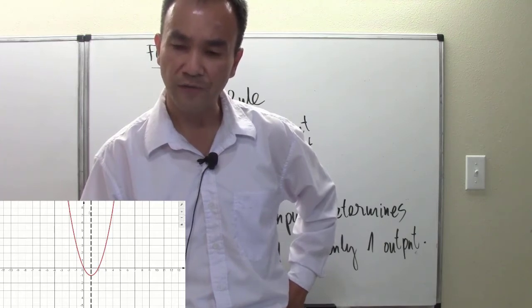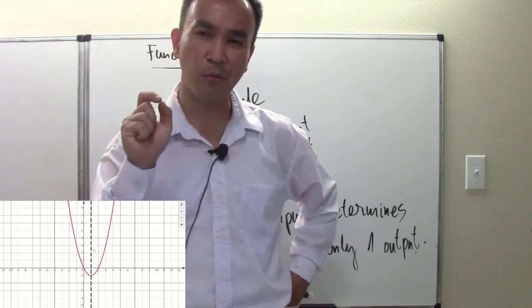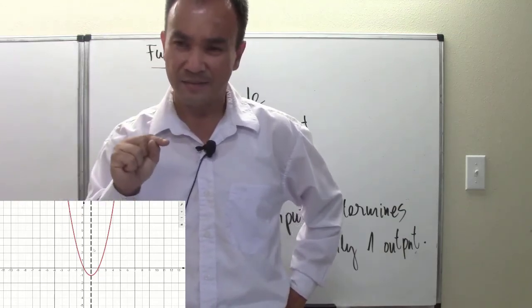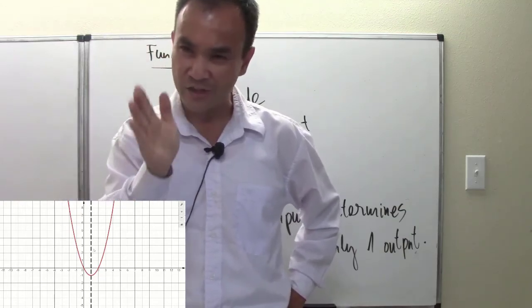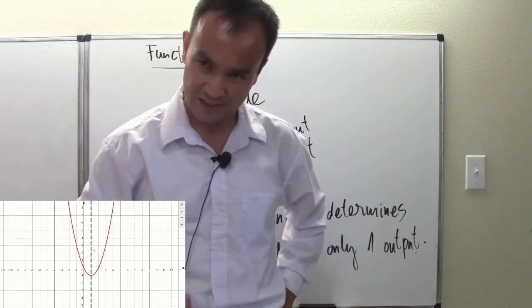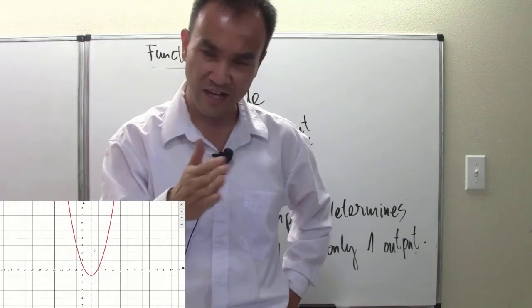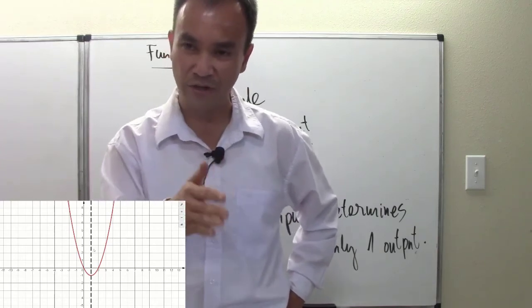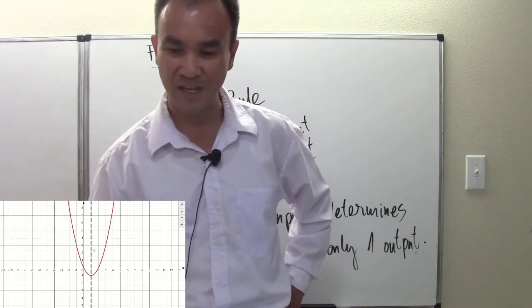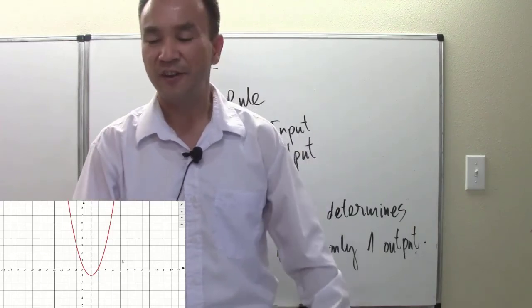I put the vertical line in dotted form to make the input value clearly recognized. Later on we will realize it's an effective tool to detect whether a graph can be a function or not.